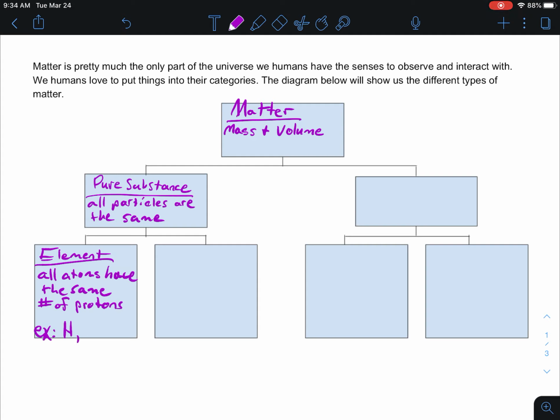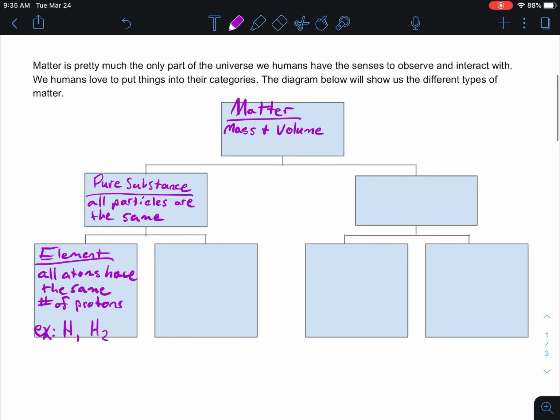Now, it could be hydrogen by itself, or it could be hydrogen paired with another hydrogen. Now, even though H2 has 2 atoms, they're both hydrogen. Same with O2, that kind of thing. Could be gold, Au, doesn't matter. But they're all found on the periodic table of elements. That would be a pure substance, furthermore an element.